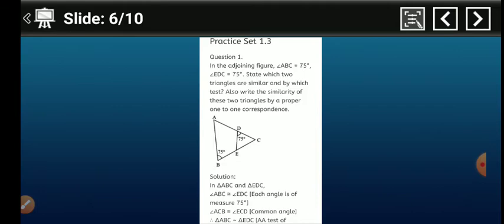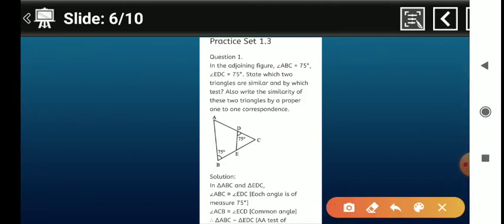And if we consider two triangles, that is ABC and the second triangle EDC, then we can see one angle is a common angle, that is C. Suppose we consider triangle ABC and the second triangle as EDC, then we can see this C is the common angle in both triangles.